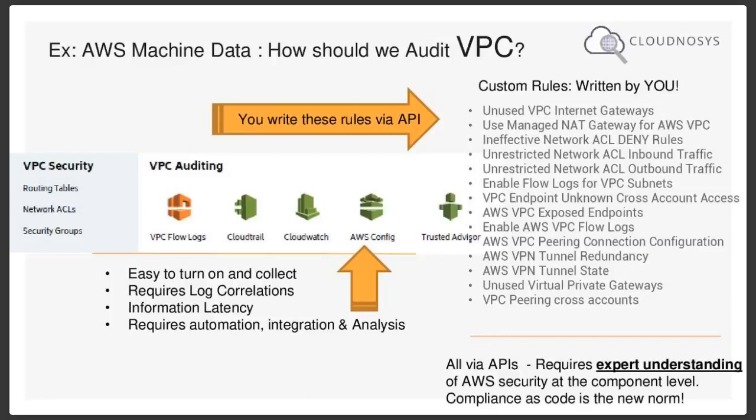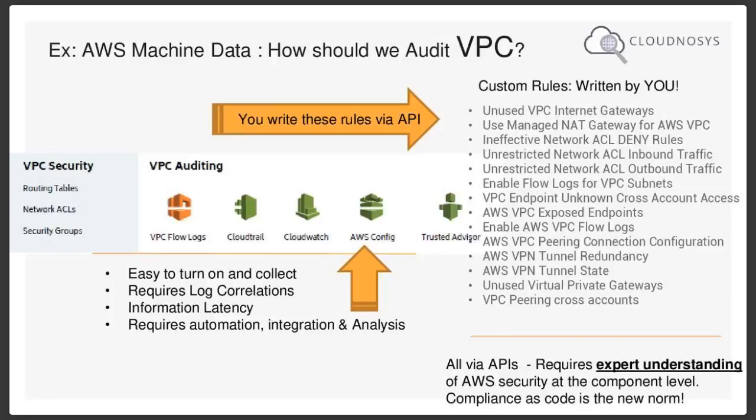However, you also need to look at VPC from all these different conditions that I've written down on the right-hand side. Everything from unused VPC and gateways to see if you're using managed NAT gateways for AWS, or if you have network rules that are too widely open or too narrowly set.